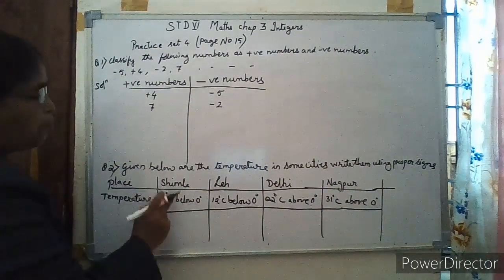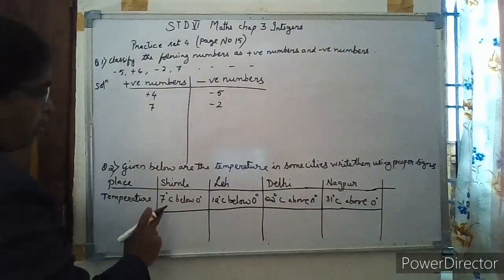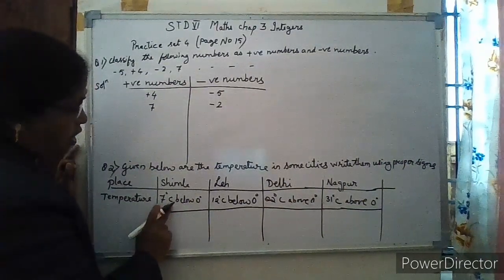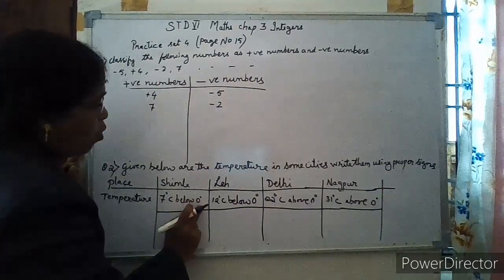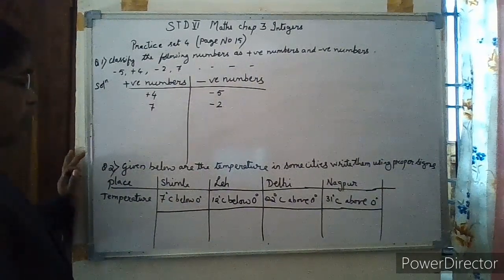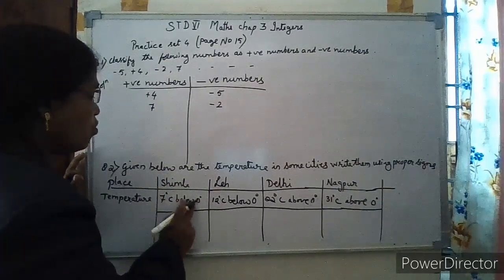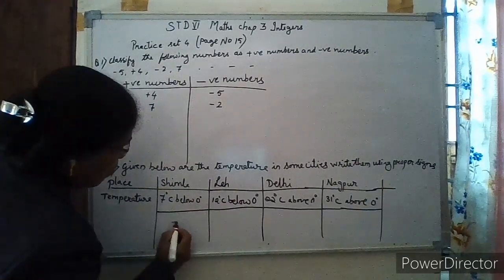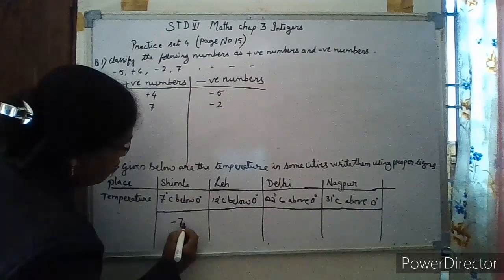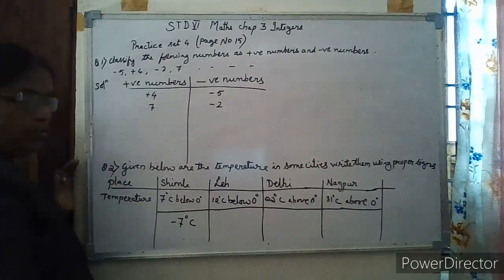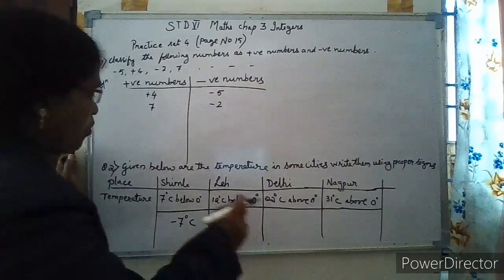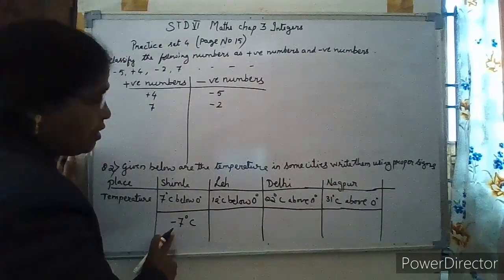Temperature of Shimla is 7 degrees centigrade below 0 degree. So below 0 degree means it is minus 7 degrees centigrade. When it is below, then it is negative.